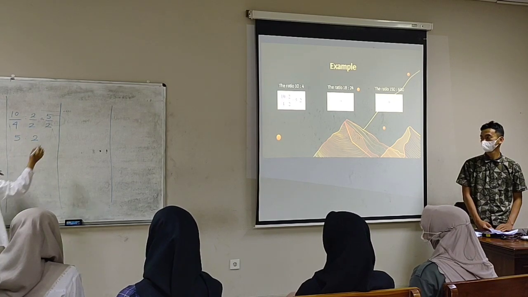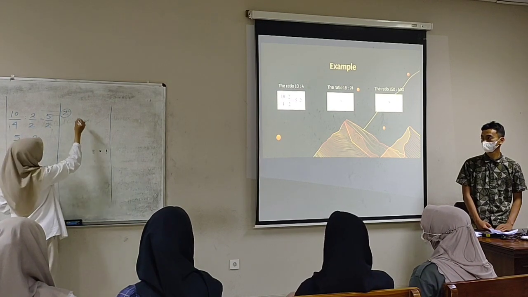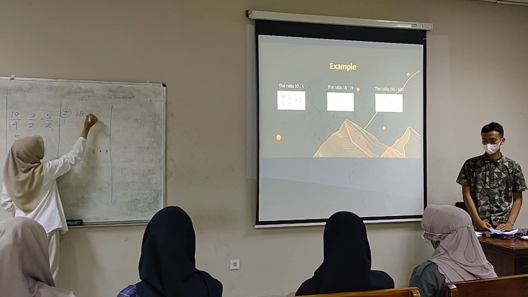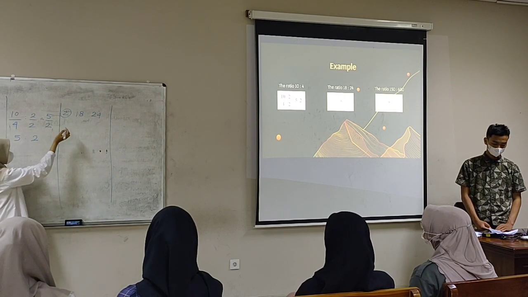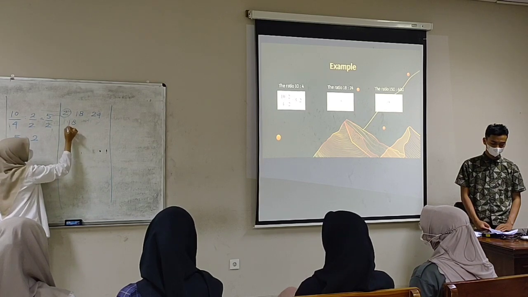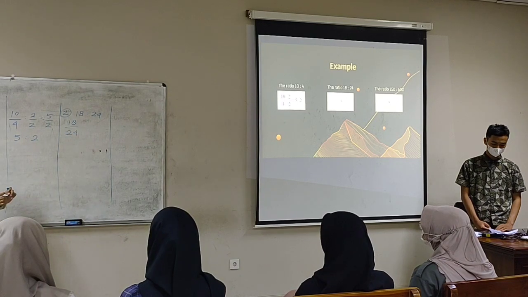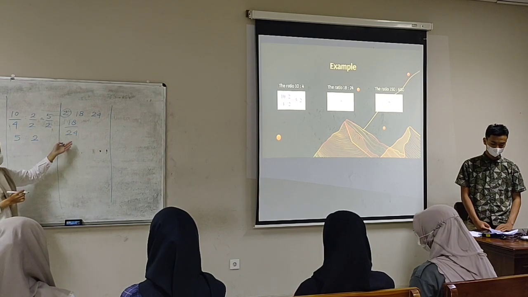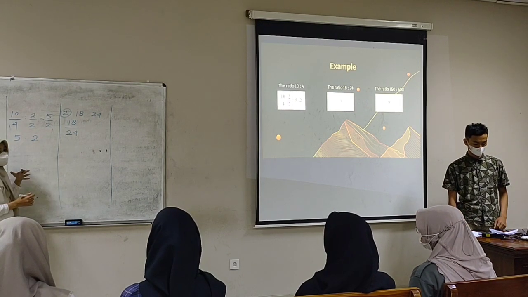And the next example is the ratio 18 to 24. First we write it in fractional form: 18 over 24. And then what number can we divide both numbers by? 6.